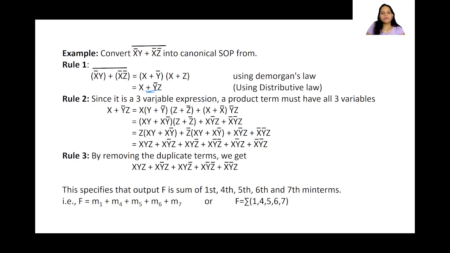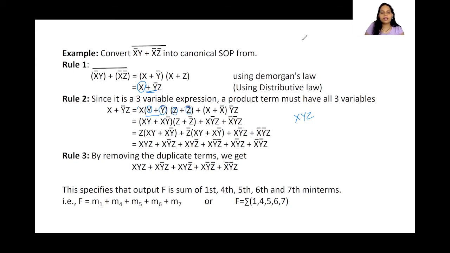Now we are going to multiply it with the missing terms. From this expression we know the variables available are x, y and z, isn't it? So in the first term, y and z are missing. So we are going to multiply x with y and y bar, also z and z bar.